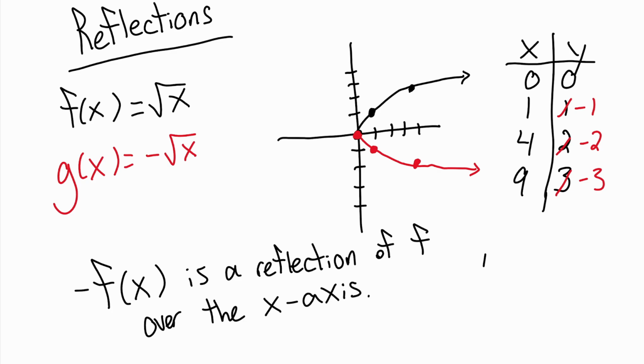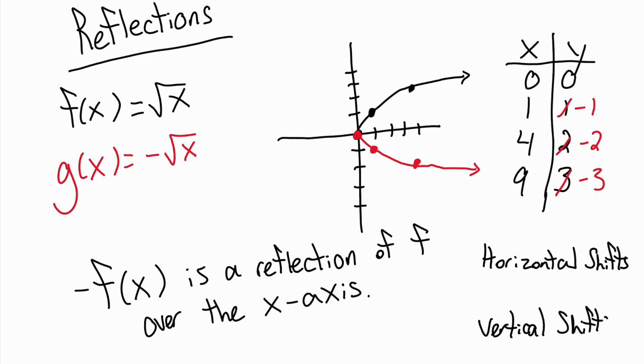And if we're thinking about the order here, we had horizontal shifts as 1, and I said vertical shifts will always be at the end. So here we're just multiplying the outputs by negative 1. We're multiplying. So that's going to fall in between here, right? So we're going to have reflections. Okay.